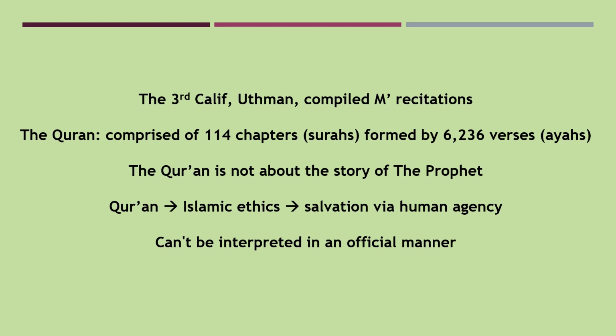It was the third Caliph, Uthman, who organized a committee to compile all the verses from the recitations. And this was very hard work because there was a need to compare a number of versions that were already going on at that time in different regions. And this was for the sake of deciding which version was the closest to the original one. That work of comparison and compilation took 20 years.